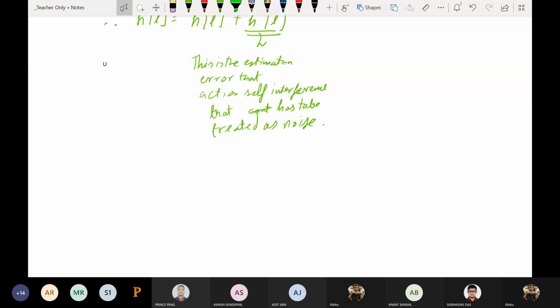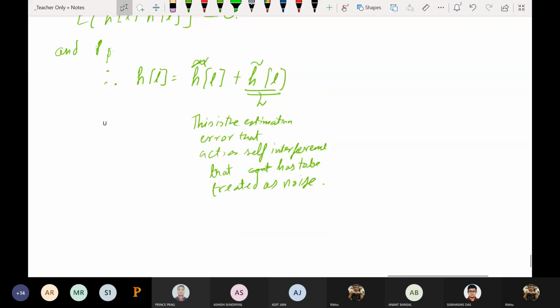So there are two topics left. I wanted to cover this much estimation. You have done this kind of estimation in the detection and estimation course, right?